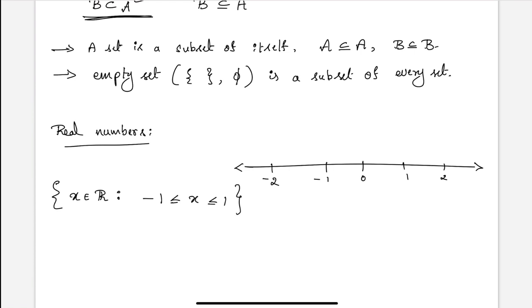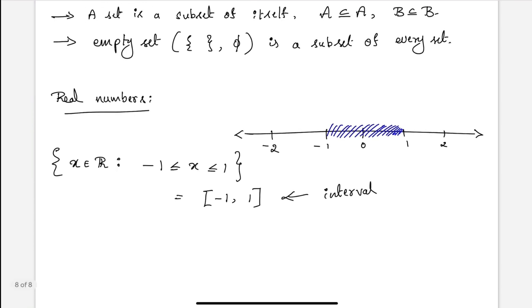So basically I am collecting these elements, right? Which are here. So how can I write this set now? I can write it in this notation. This notation you may know, this is the interval.